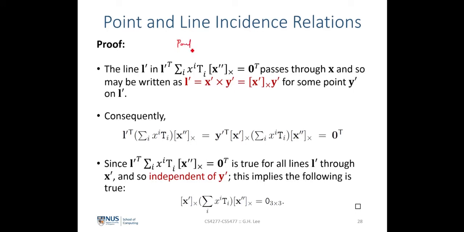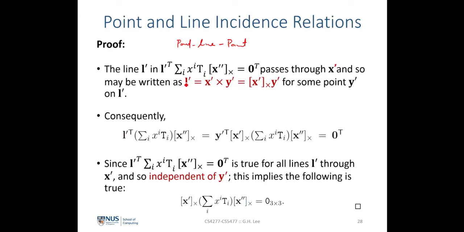It's a point-line-point correspondence or incidence relation, where the first point is represented by x, in the second view it contains a line which we call L prime, and in the third view it contains a point which we call x prime prime. Let this particular line, L prime, pass through some points which we write as x prime.